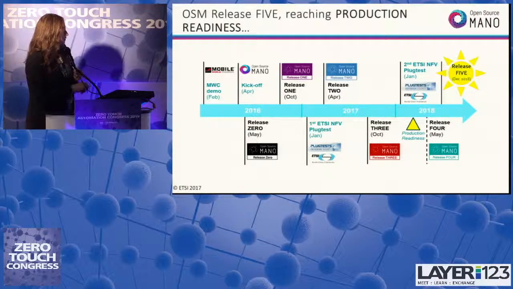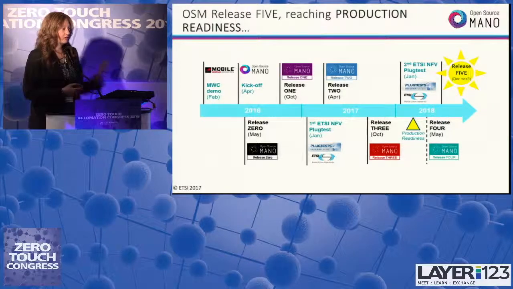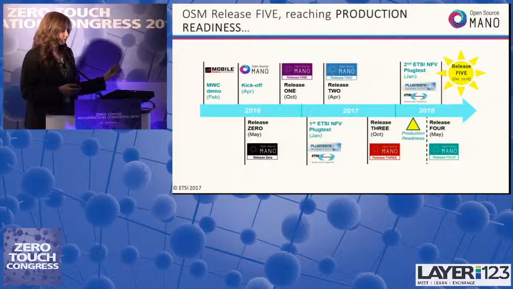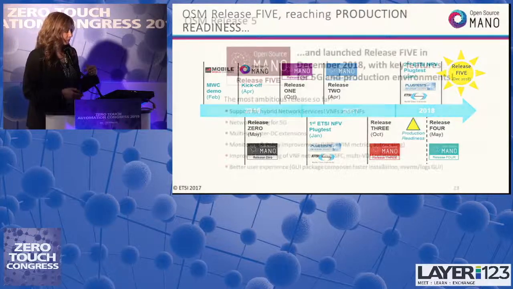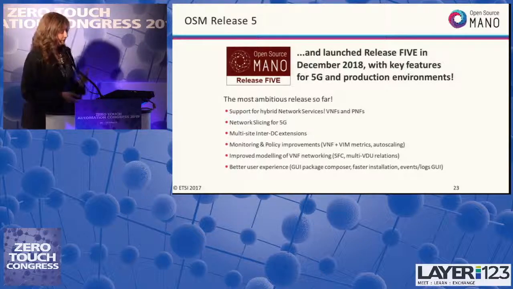Over the past 3 years, we've had 5 releases, a number of different plugtests, and a number of different milestones on the project, and now we've gone from 0 to production ready, a fully functional orchestrator, in less than 3 years. Now I'm going to get into a little bit about what happened in Release 5 that I think is so exciting.